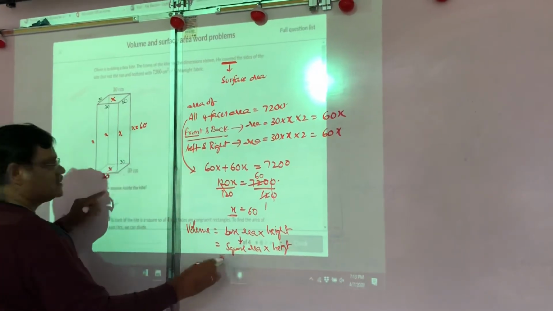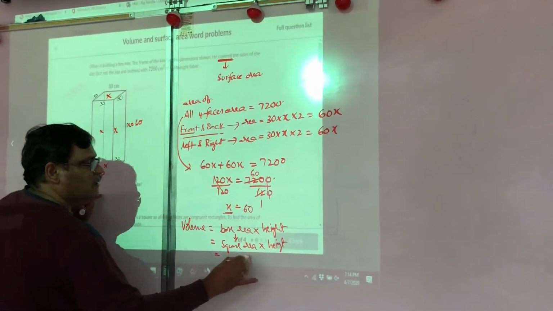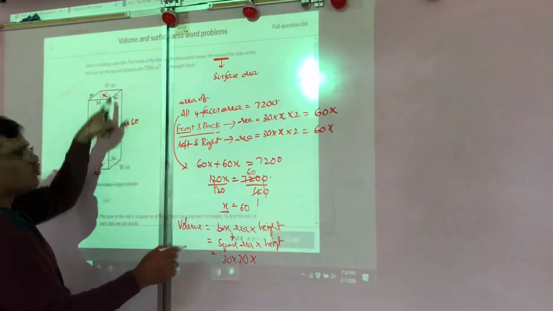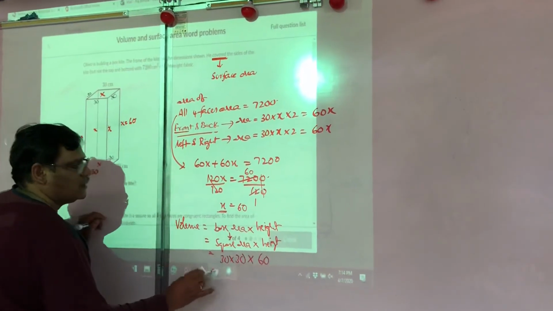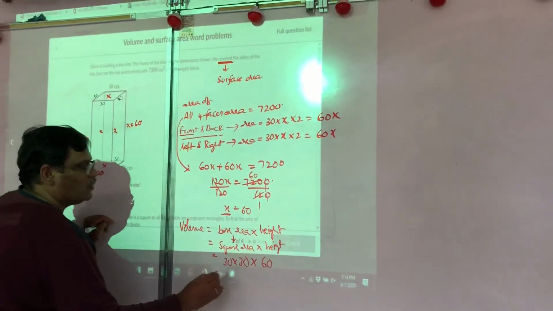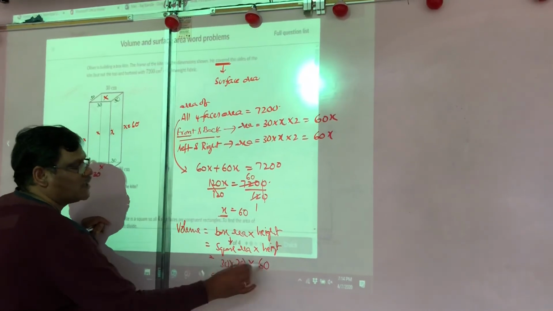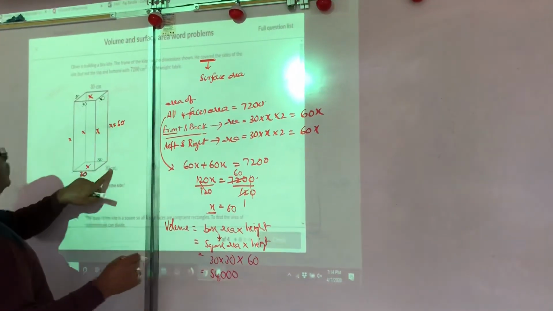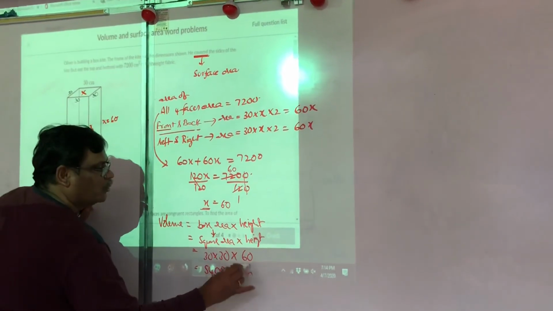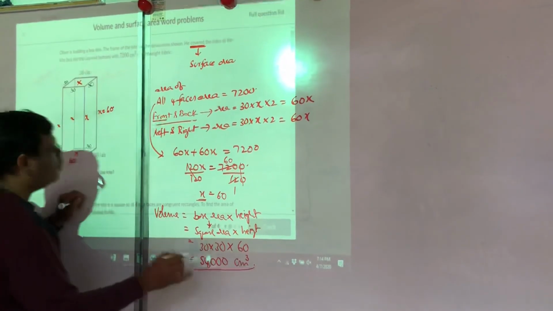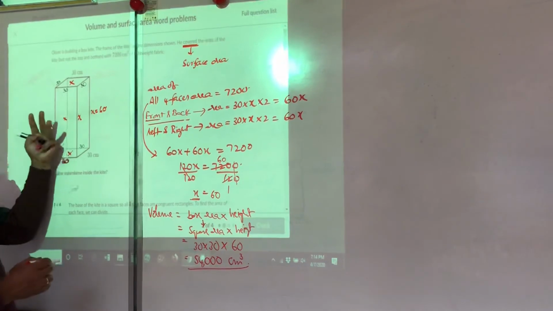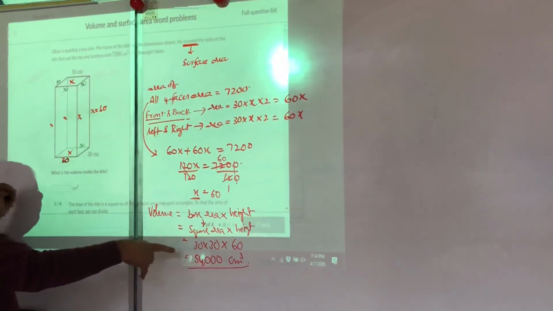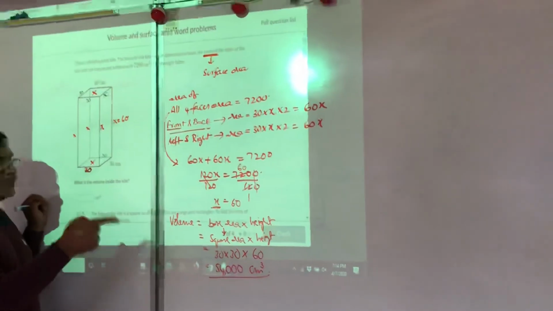The square area is 30 times 30, and the height we got as 60. Now multiply all three: 3 times 3 is 9, 9 times 6 is 54, with 3 zeros. The units are in centimeters, so the volume would be in centimeters cubed. So the volume of this whole box kite is going to be 54,000 cubic centimeters.